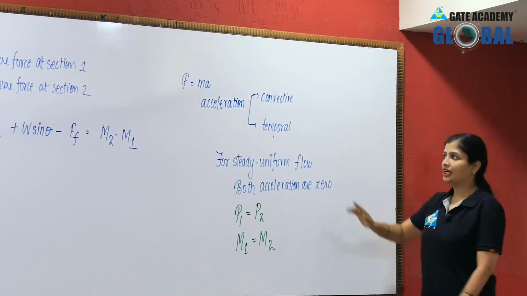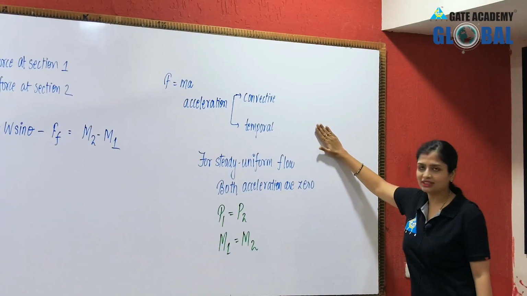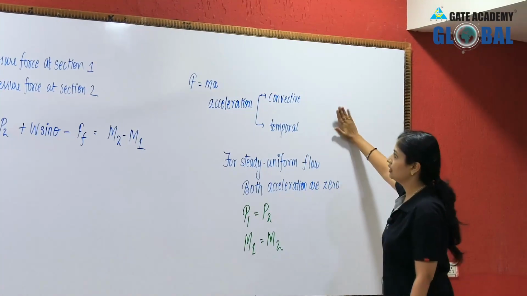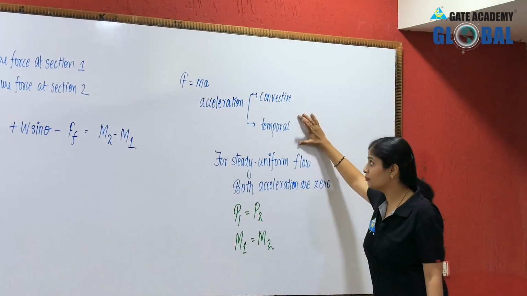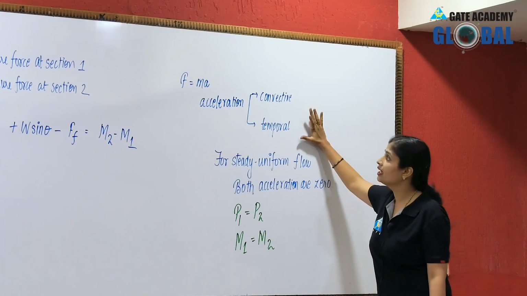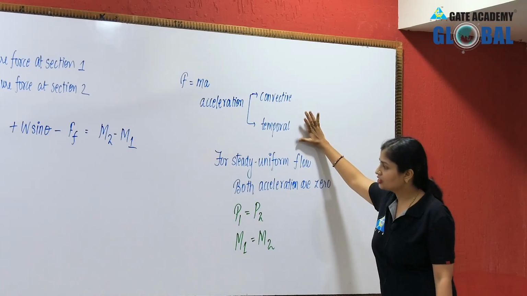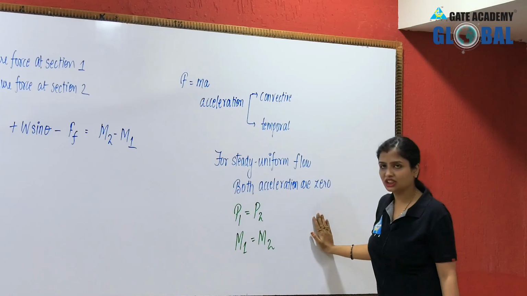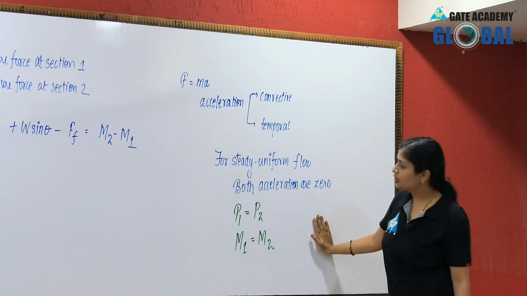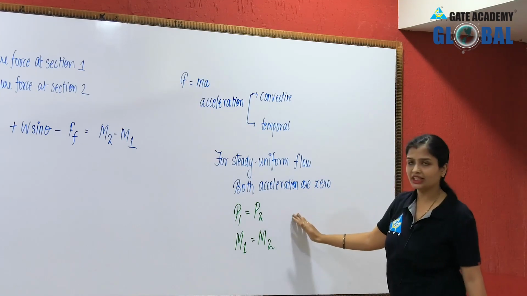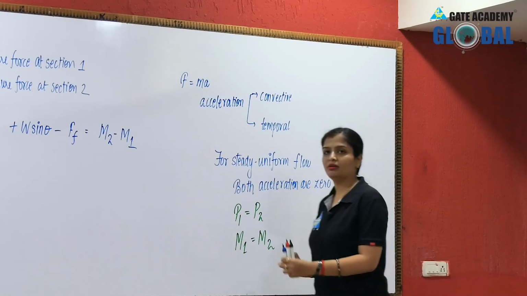You are getting this? Acceleration is composed of two parts. This you would have studied in fluid mechanics. Some students don't know what temporal is, so it is local acceleration. So for steady uniform flow, both accelerations are 0, because of which the pressure forces at the two sections are equal and your momentum is equal.